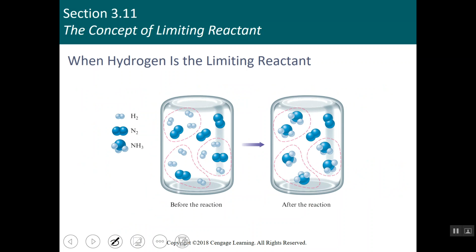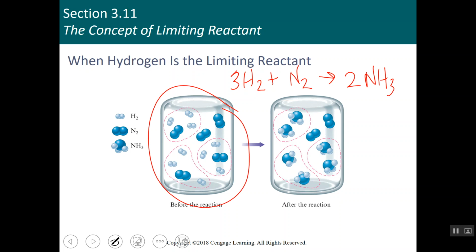But what happens if you have a limiting reactant? The reaction was 3 hydrogens plus a nitrogen gave you 2 ammonia molecules. Well, if you notice over here, there are 2 extra nitrogens hanging out.